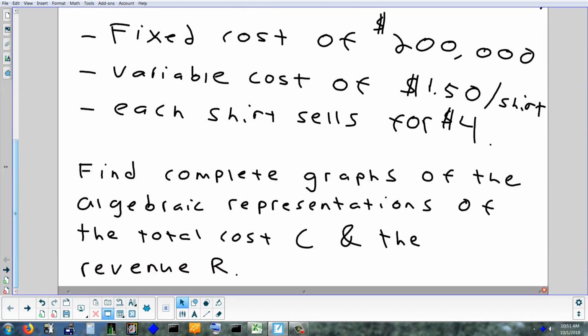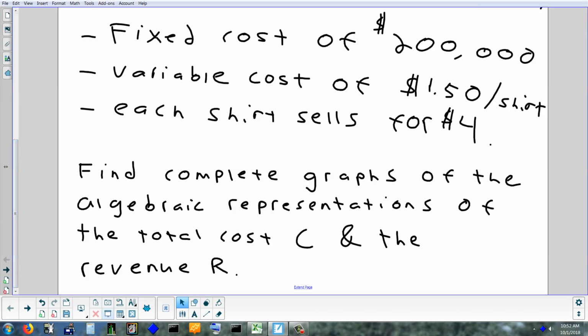In terms of a variable here, what do we need a variable for that we don't know? Yeah, the cost will be a variable, and what is going to control the cost that can change here? How many shirts were sold? Right, how many shirts we've sold.